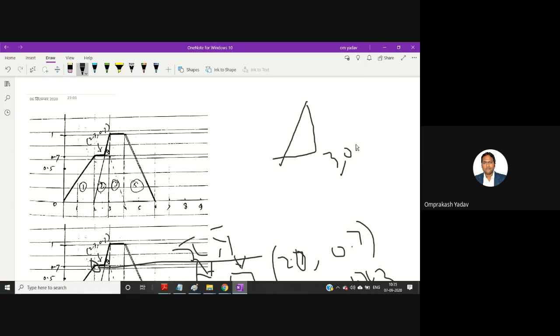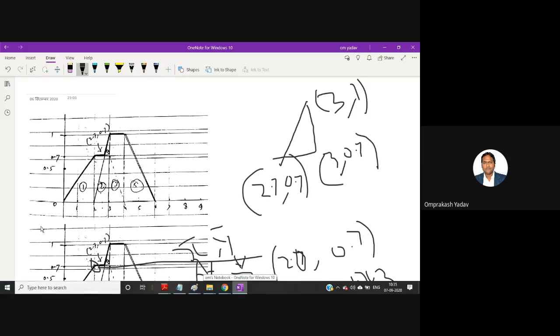I hope you can mark it in your notebook clearly. 3, comma 0.7, this point. Then the above point is again 3, comma 1. And this point is the intersection point which we determined. So this is 2.7 into 0.7. So we got 3 points.